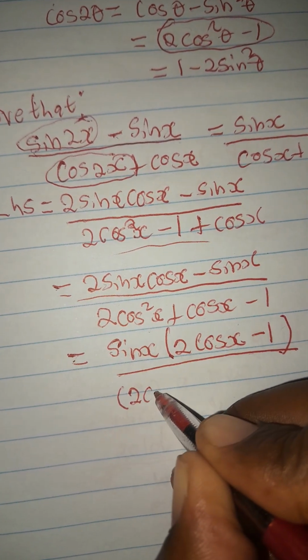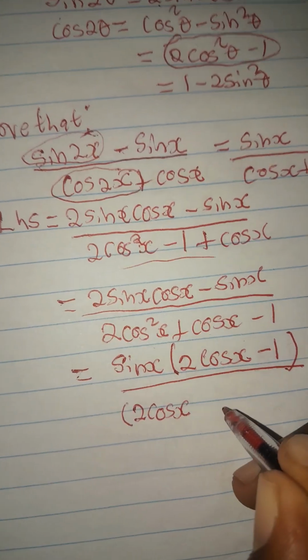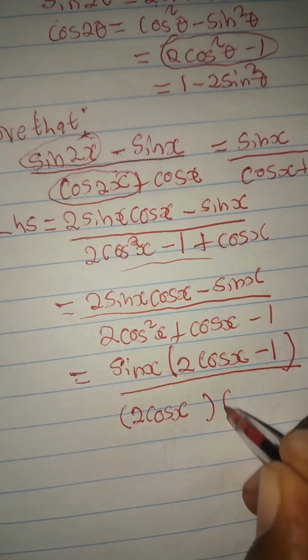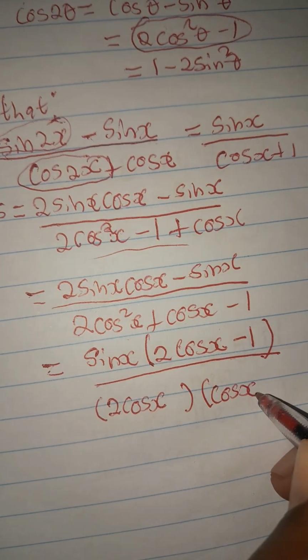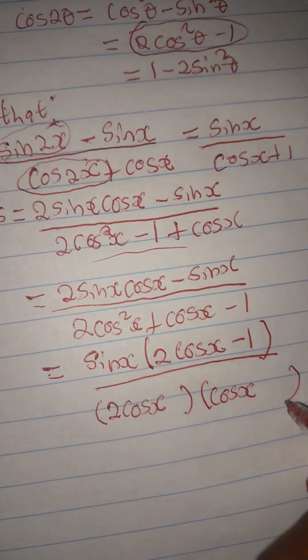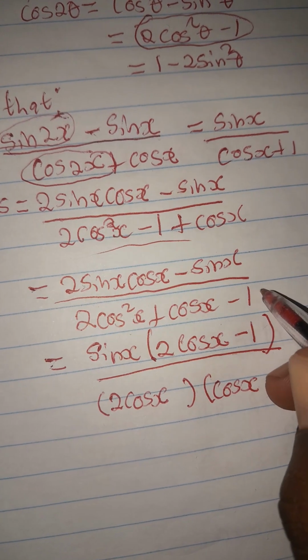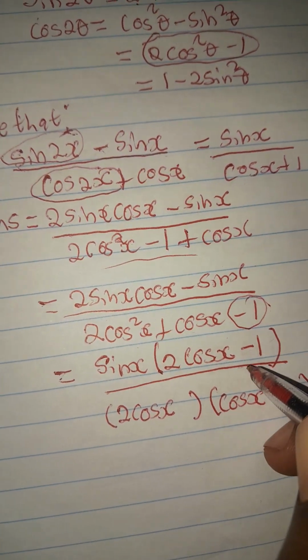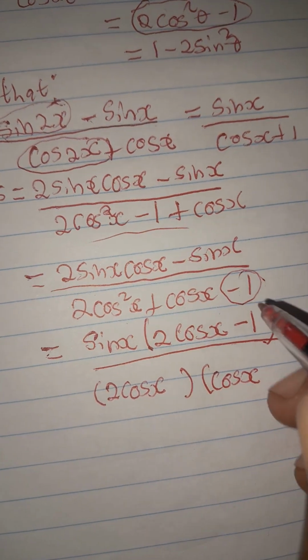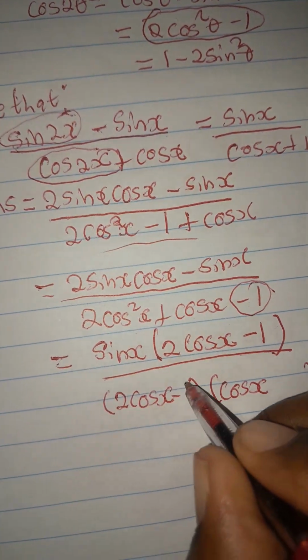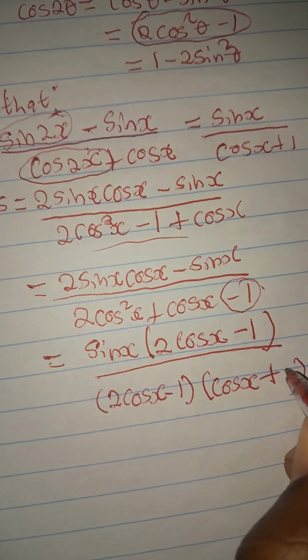Factors of 2 cos squared x are 2 cos x multiplied by cos x. Factors of negative 1 are 1 and 1, and since the last term is negative, the signs will be different. Here we'll have minus 1, and here we'll have plus 1.